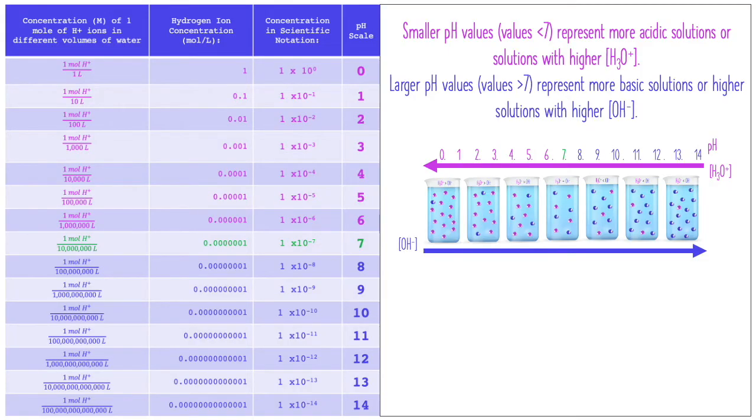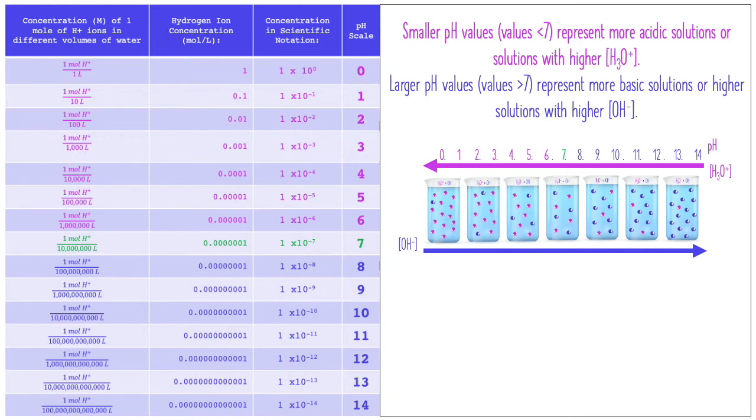Okay, so on this slide I have a lot of numbers, and I also have a diagram that's going to help give us a visual on what's happening with the concentration of different ions as our pH is changing. So if you take a look over here, you can see that just like we did on the previous slide, I'm calculating the concentration of hydrogen ions for every pH value on our pH scale.